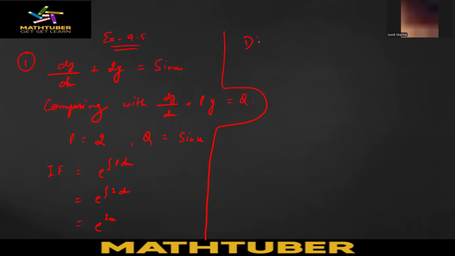Now after this, the differential equation is given by y into integrating factor, that is e raised to power 2x, is equal to q into integrating factor, that is sin x into e raised to power 2x dx plus c. So now in this one we have to apply the integration by parts, right?